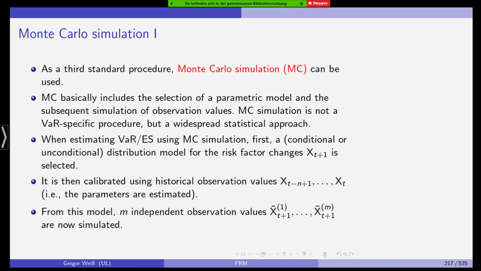Monte Carlo simulation only becomes interesting if you have a risk mapping that is nonlinear, if you have risk factor changes that are not from the same family of distributions. So for example, you would say I have a normal distribution plus a t-distribution plus a normal squared minus chi squared, and all of this divided by a gamma distribution.